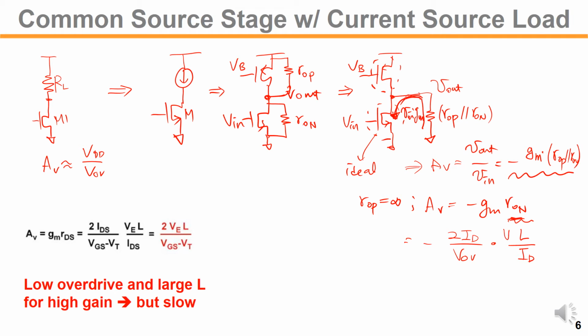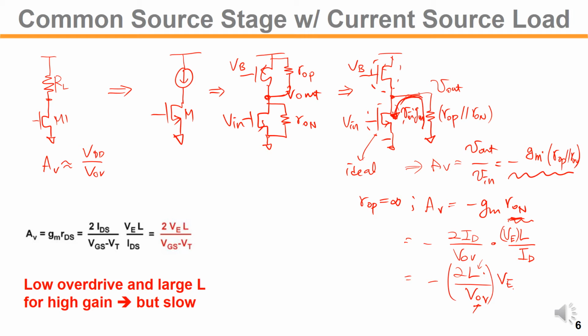So we have some proportionality factor VE. So we can write down the overall gain as 2L VE over the overdrive. So if you have a larger L and smaller overdrive, then you can get higher gain.